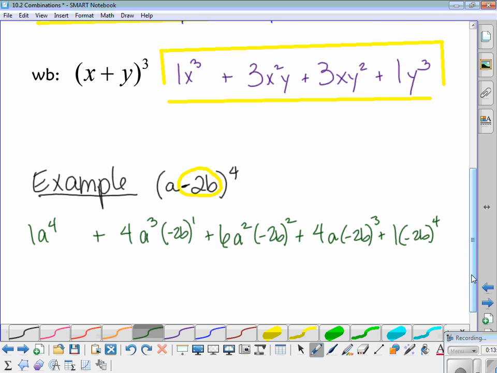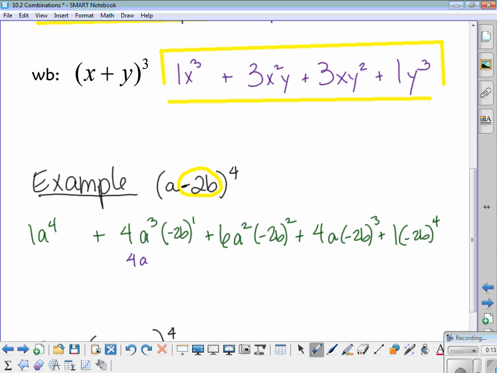So let's see here. All right, so this is going to be 4a cubed, and then it's just times the negative 2b. What does that equal? What's negative 2 times positive 4? It's negative 8, and then I have my a cubed b.